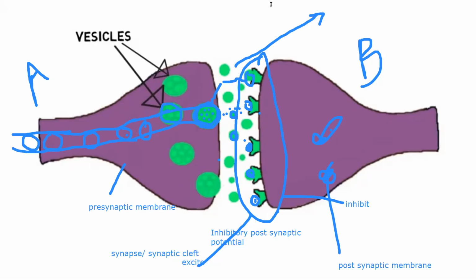So one thing is, when it excites like this, basically what we are saying is that for us to say that it is leading to excitatory postsynaptic potential, it means that it will cause neuron B to also what? Fire, or go through an action potential.